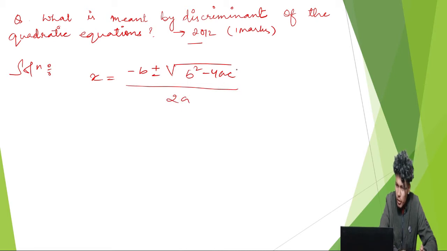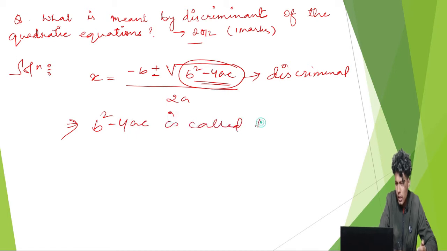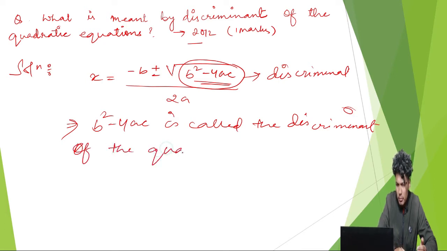Now this one, this b square minus 4ac, this is called the discriminant. What is the discriminant? b square minus 4ac is called the discriminant of the quadratic equation.